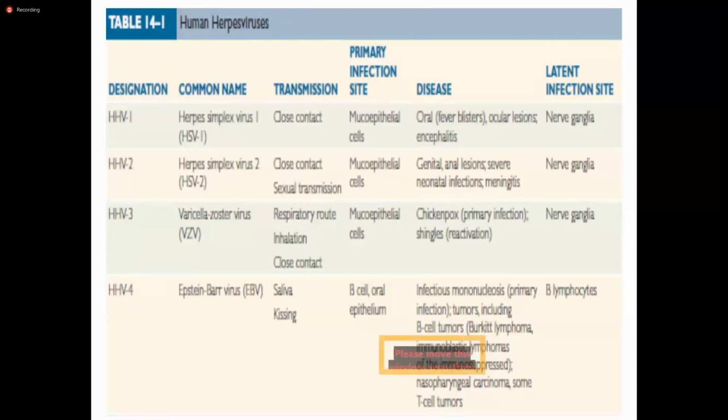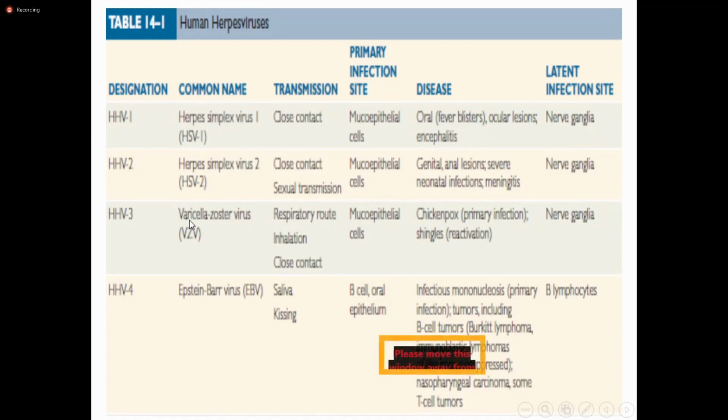Again, mucoepithelial cells; it can cause genital lesions, anal lesions, severe neonatal infection, and meningitis. Type 1 caused encephalitis, now we have said meningitis. Where are they going to stay? Nerve ganglia.